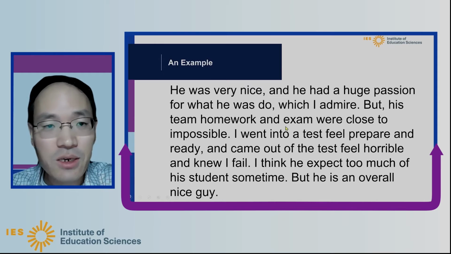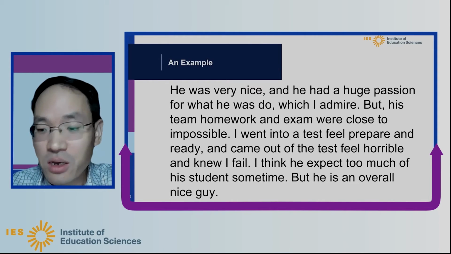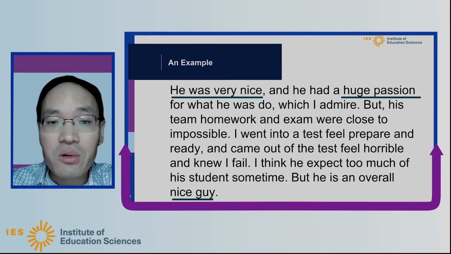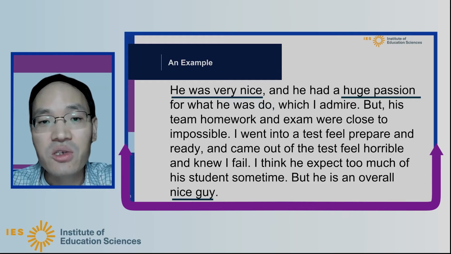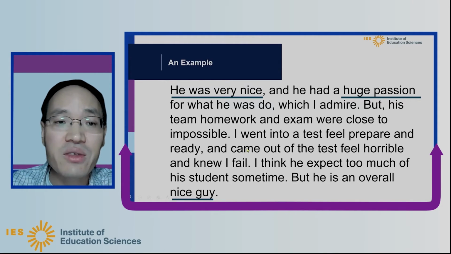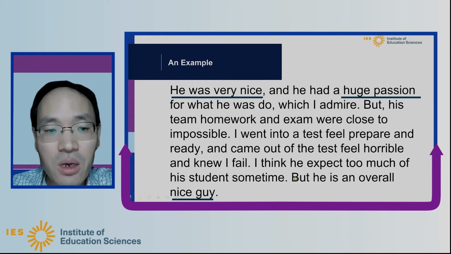From these comments, we have a much better idea about the teaching style and the personality of the instructor than if we only use one value, for example, how effective the teacher is. So we only have numbers, and we don't have all of that context regarding the instructor.